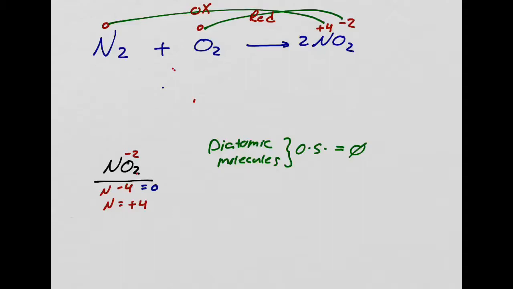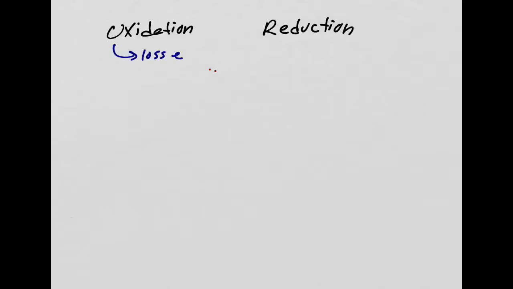Okay. Now, I'm going to write this out one more time, and you should do it too. We have oxidation, and we have reduction. Oxidation is loss of electrons. Reduction is gain of electrons. In oxidation, you become more positive.